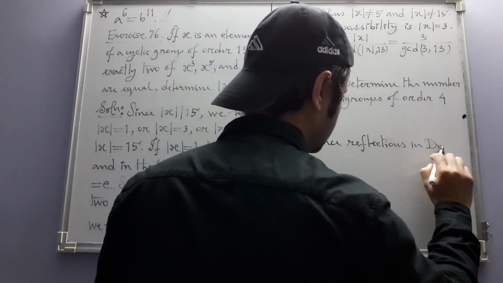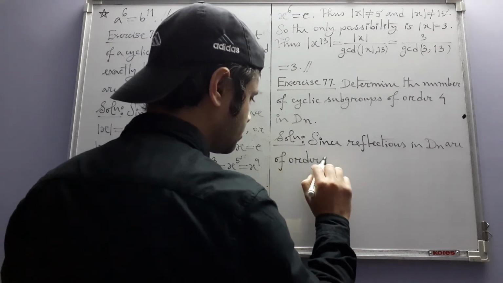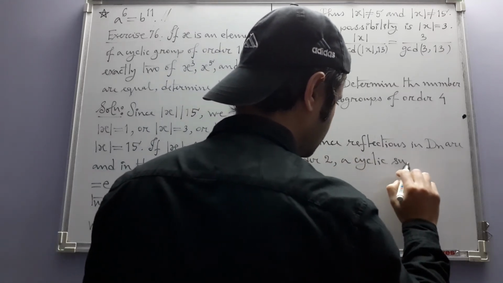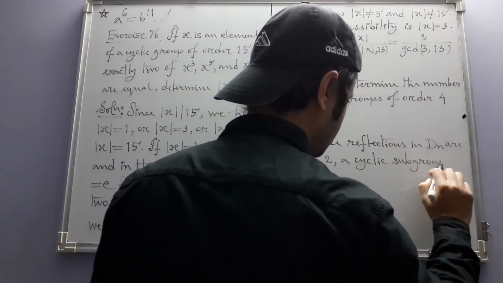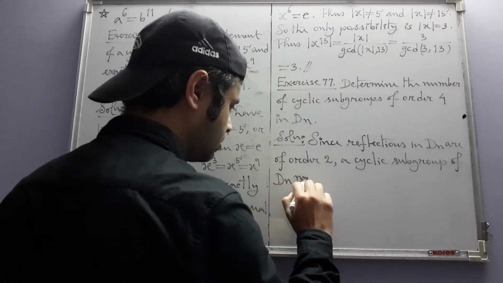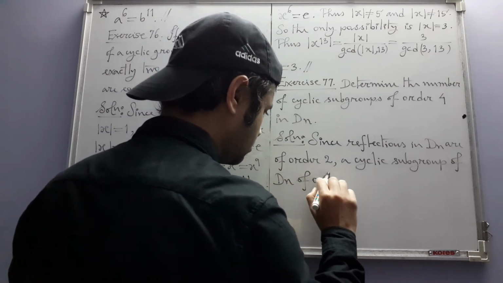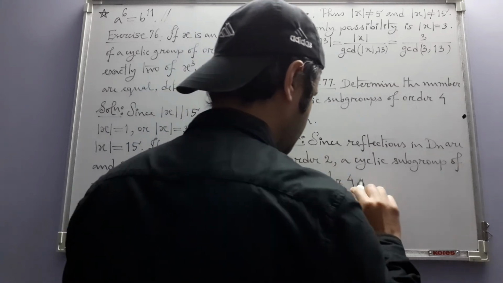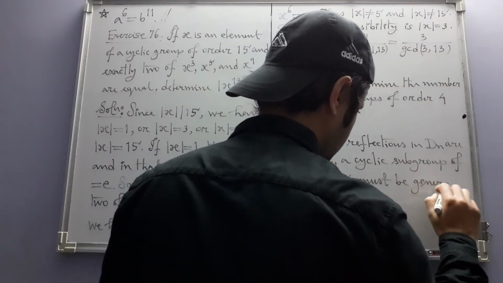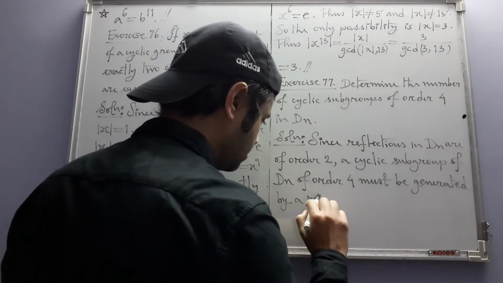reflections in Dn are of order 2, a cyclic subgroup of Dn of order 4 must be generated by a rotation.